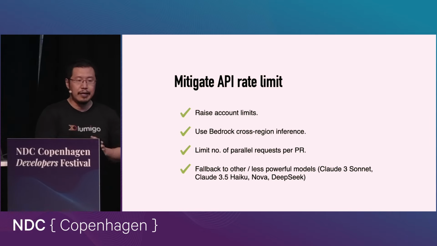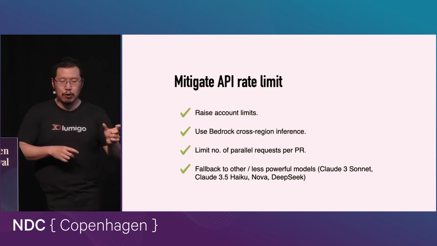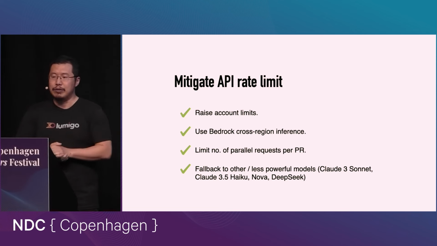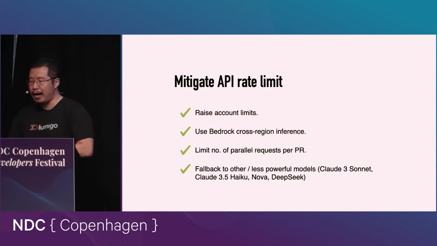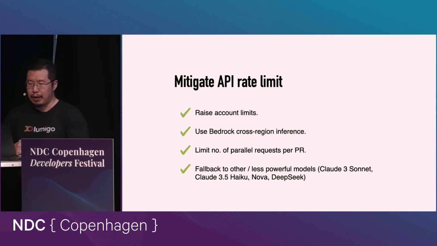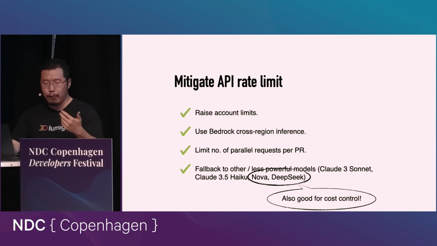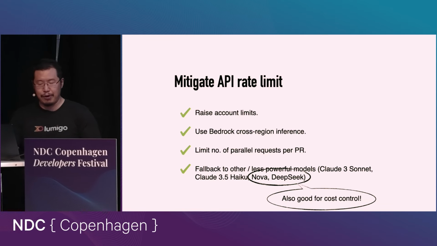But also importantly, we have fallback to other less powerful models, but models that have got higher throughput limits, which allows us to say, okay, if we can't use the best model right now, we can use other perhaps cheaper, but also more abundantly available models as well, including falling back to using Anthropic's API directly.